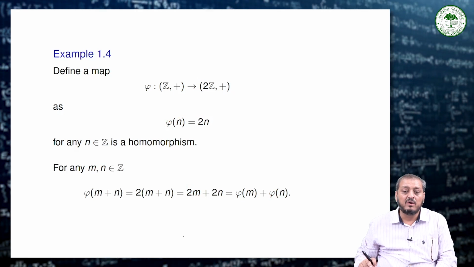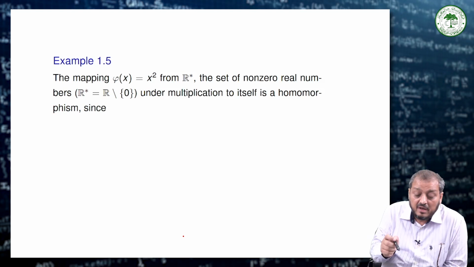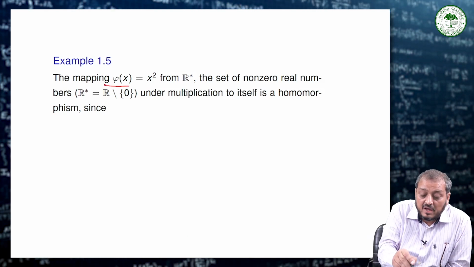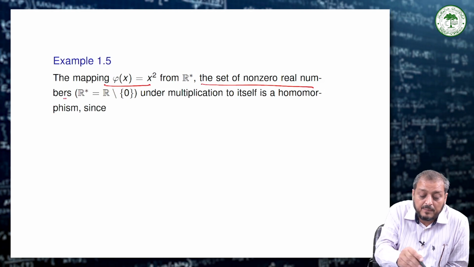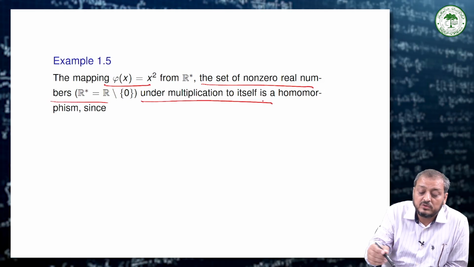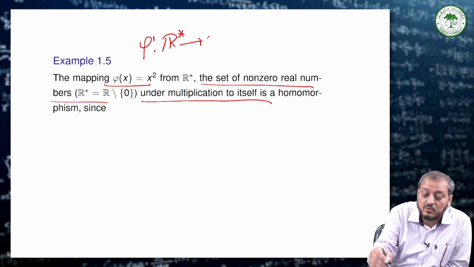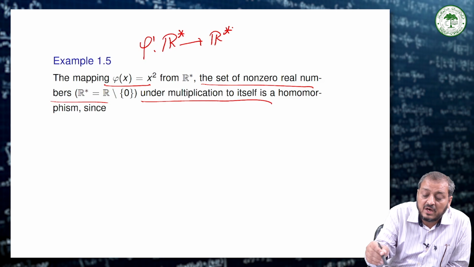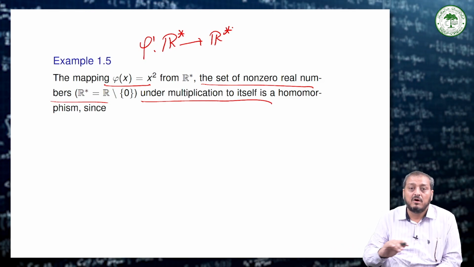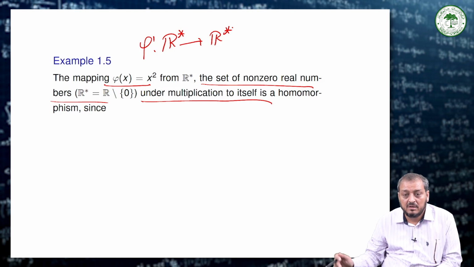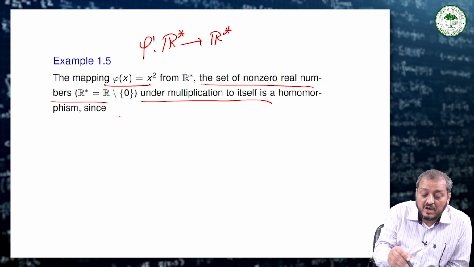Okay, so now we move to one more example, and that is different. We take phi equal to x square from R star, the set of real numbers under multiplication, into itself, so phi is defined from R star to R star. R star is the collection of all non-zero real numbers.